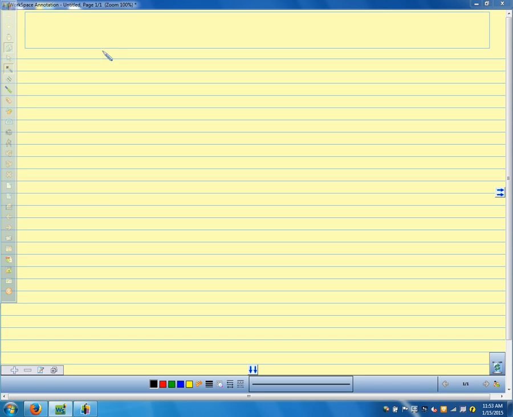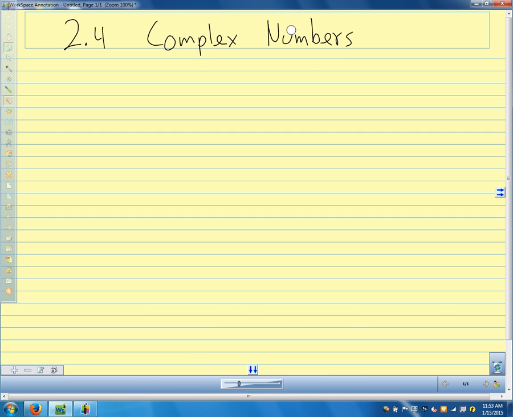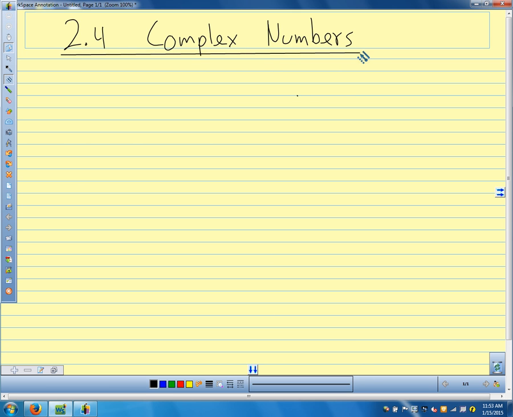All right. So we're in section, what are we, 2.4 today. Now, because of the way we do the class here, we already talked a little bit about complex numbers first semester.